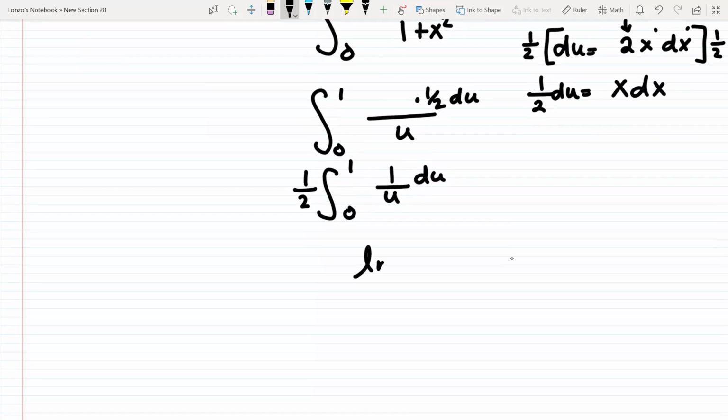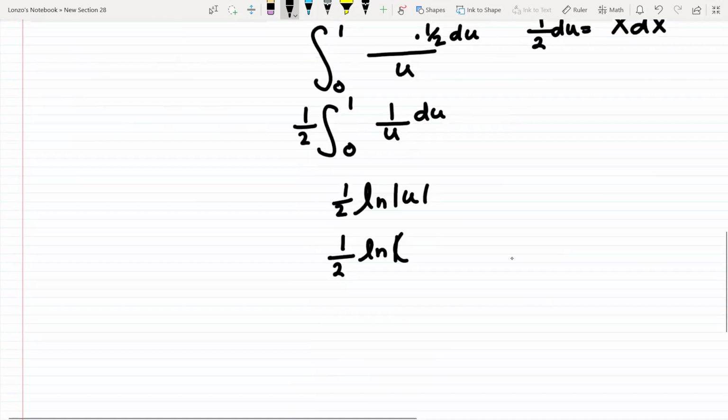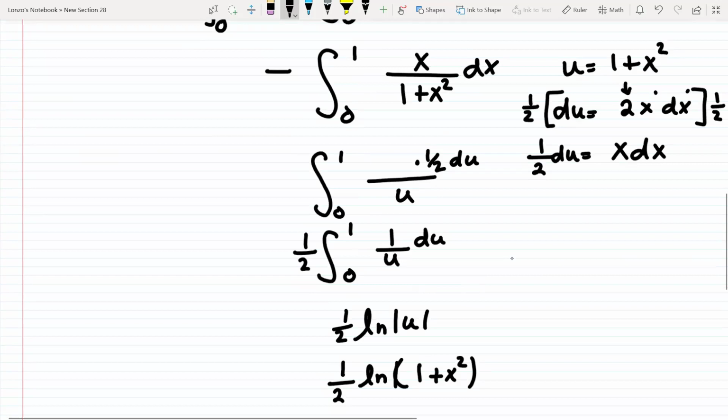That's a special one. It's ln of u. Then you still have this 1/2, so that would be 1/2 ln of u. We said u was 1 plus x squared.